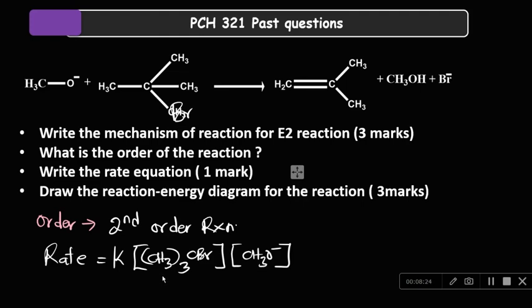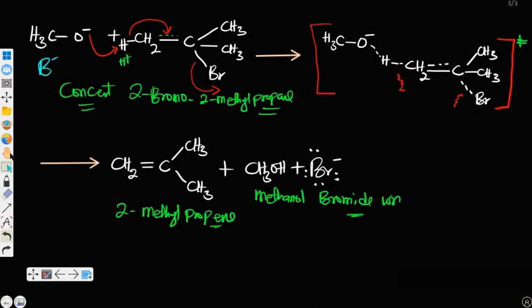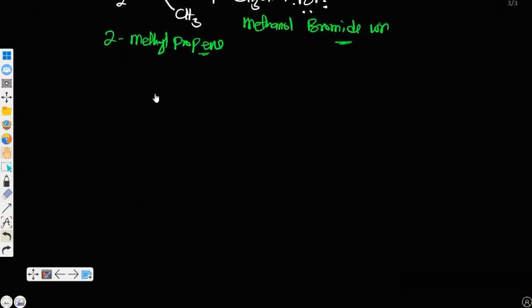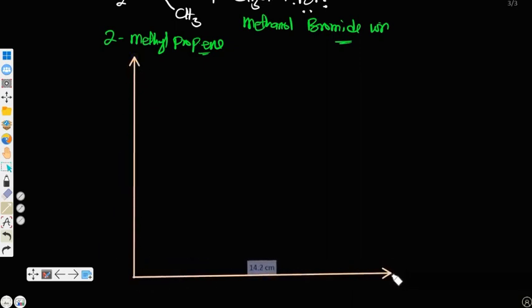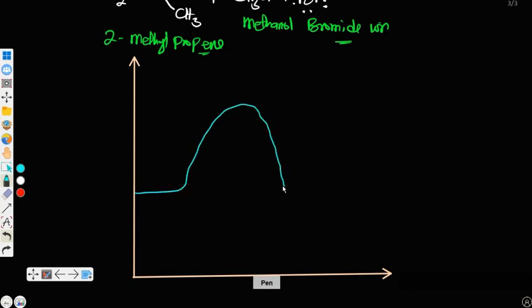Now the next thing is draw the reaction energy diagram for this reaction. So take these ones very seriously, because as I go to the next slide, this is going to wipe off. So the next part says draw the energy diagram. Now energy diagram, we say it usually goes from here, and then it goes like this too. And then for an E2 reaction, it's just one phase, one transition step, which we go this way, and then it comes this way.